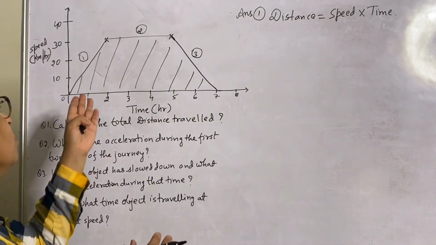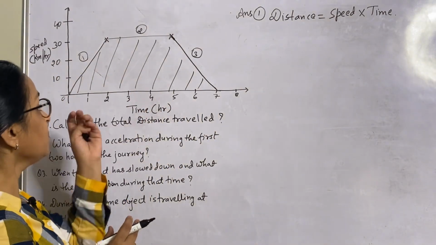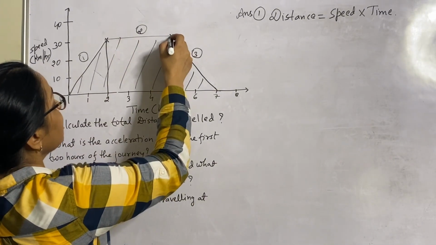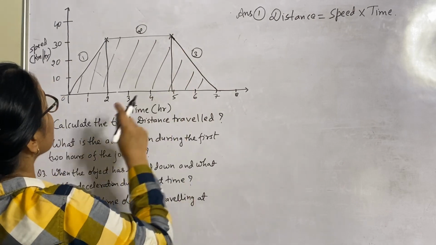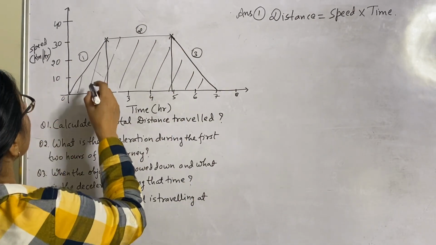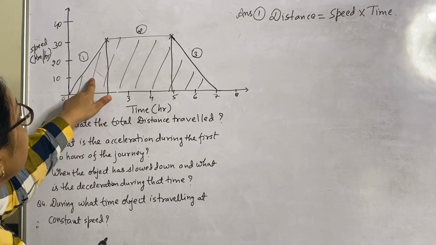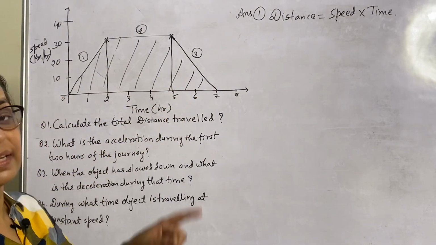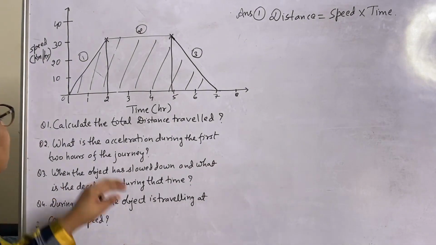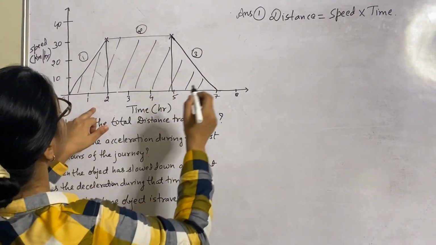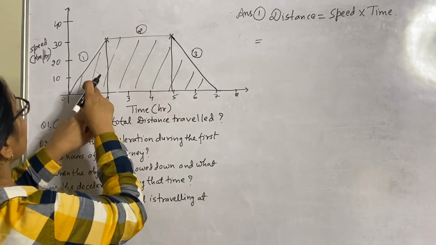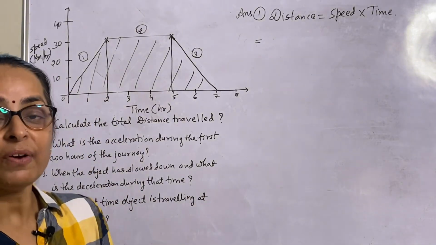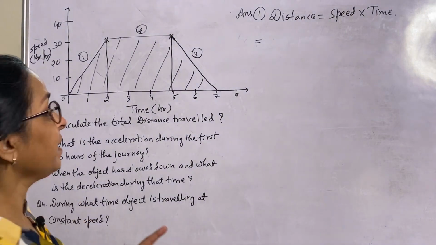You can calculate the area of the trapezium, or you can divide your journey into 3 sections. Here you can see the first part is a triangle, the second part is a rectangle, and the third part is again a triangle. The area of a triangle is half times base multiplied by height.